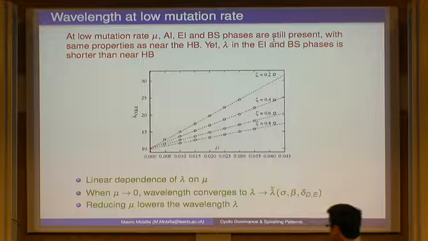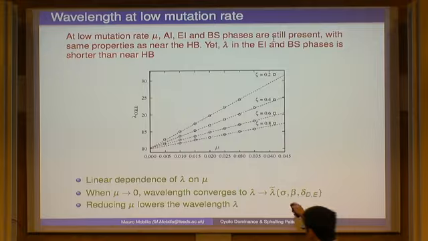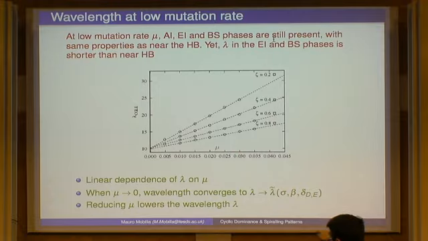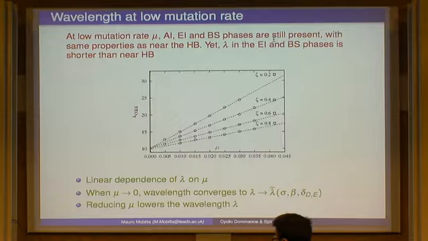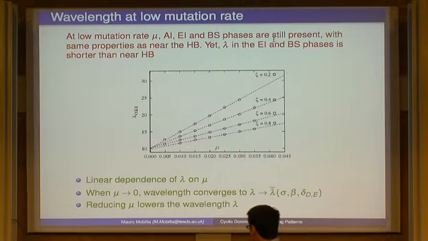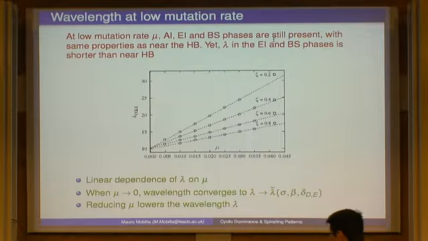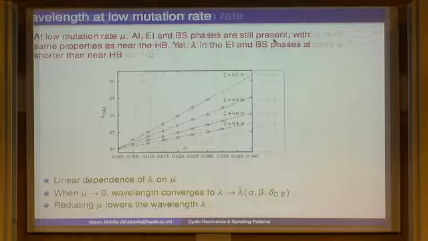And this tells us that basically you can use the prediction from the CGLE and simulation from the PDE at some non-zero value of the mutation rate mu to extrapolate the value of your wavelength at mu equals 0. Right? But overall, by lowering mu, you lower the value of your wavelength.